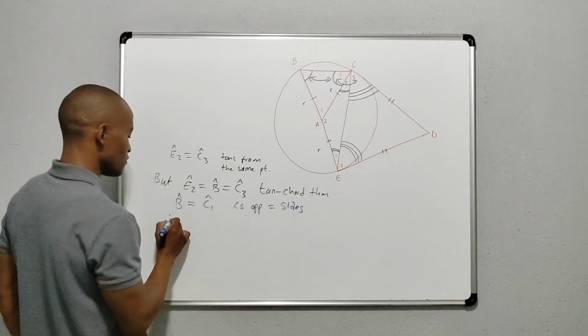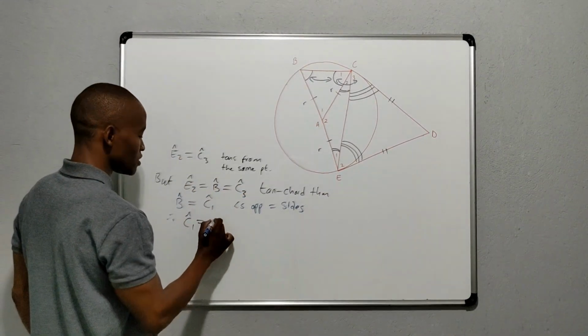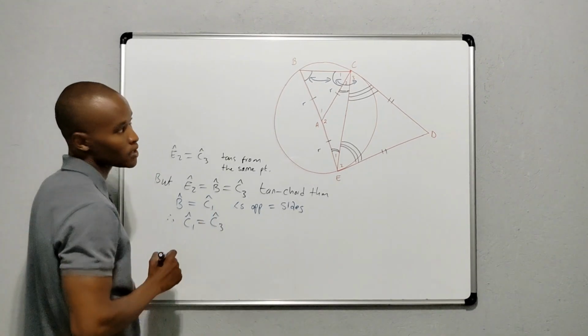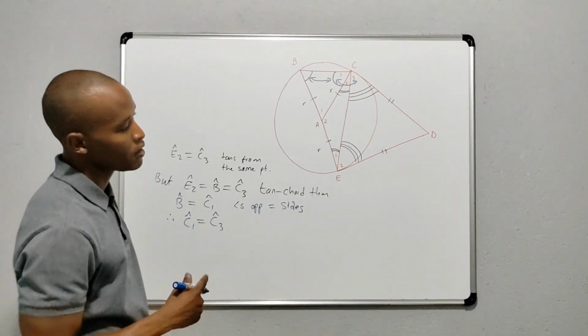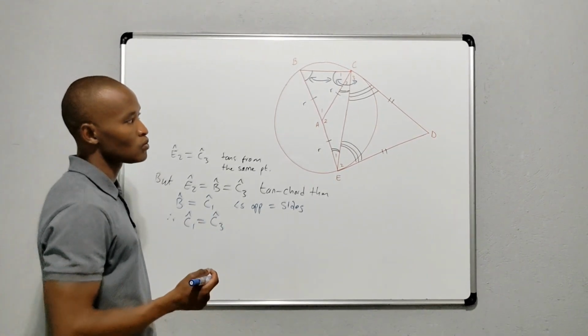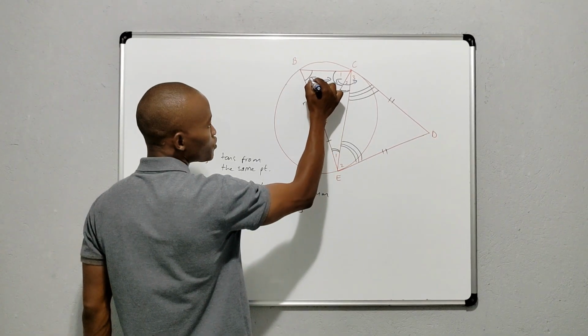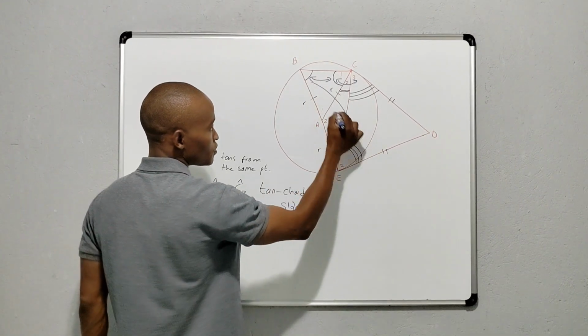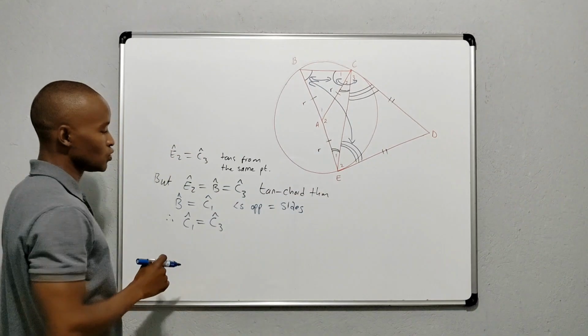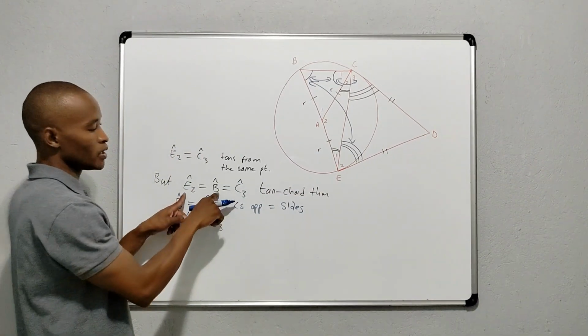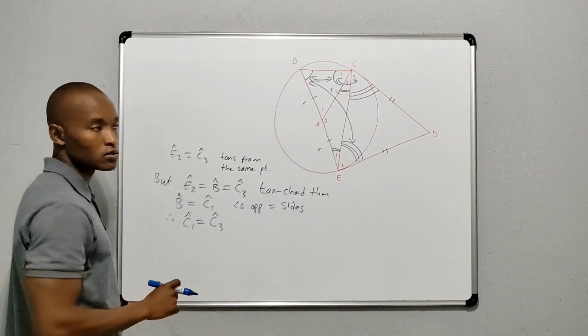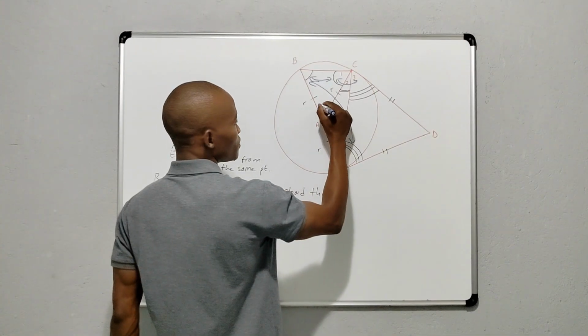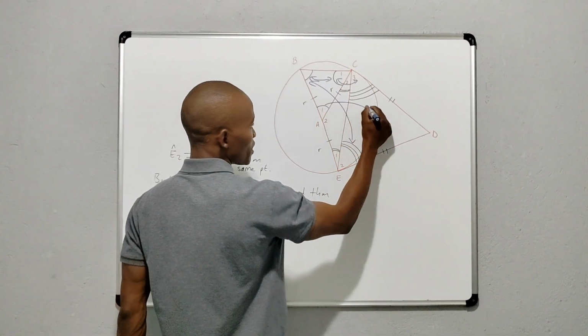Therefore angle C1 is equal to angle C3. What do we then need to show? We also connected these two. E2 is equal to angle B, that was shown. And lastly we need to connect these two here.